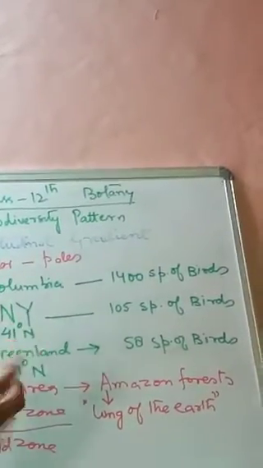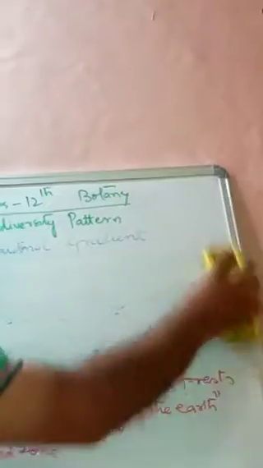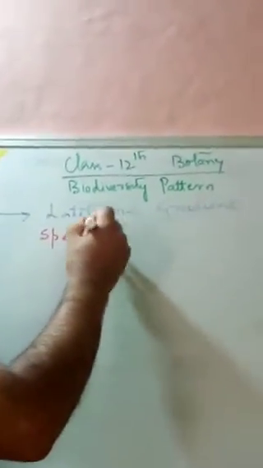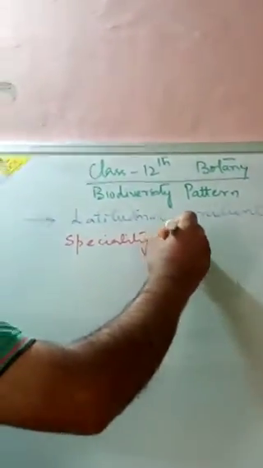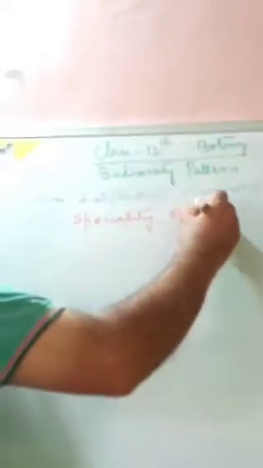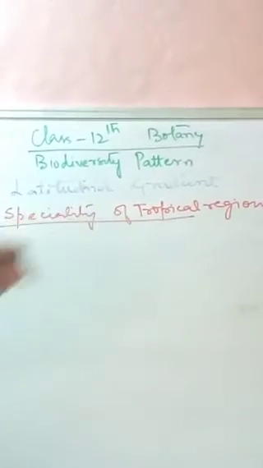There may be some reasons why the tropical area is special for biodiversity, which we will try to discuss. The speciality of tropical regions: what is special about the tropical region is that it favors biodiversity.